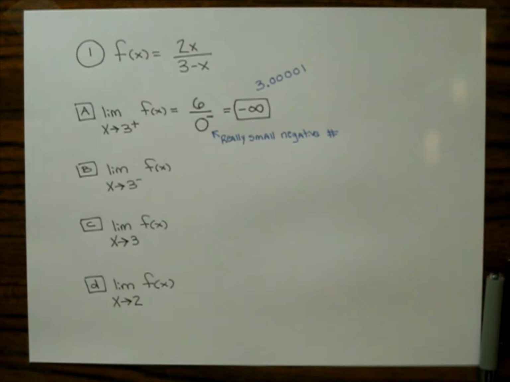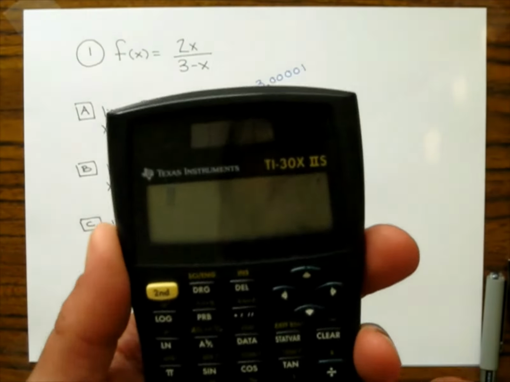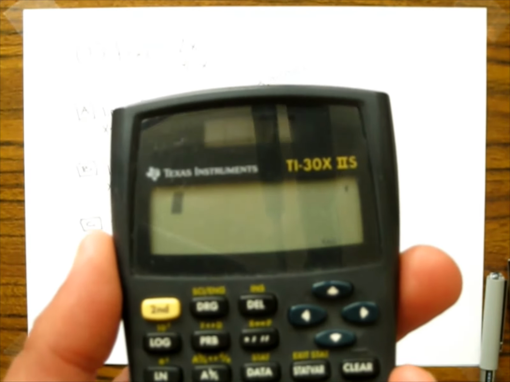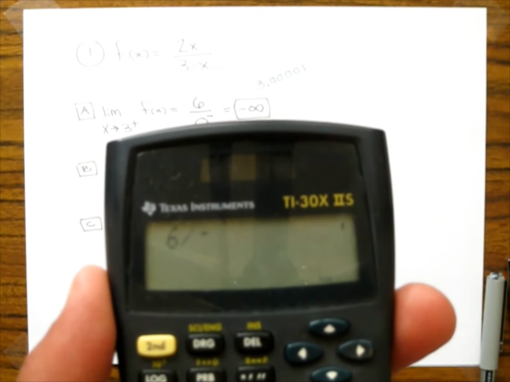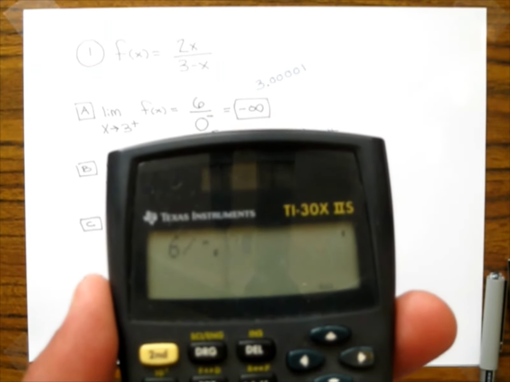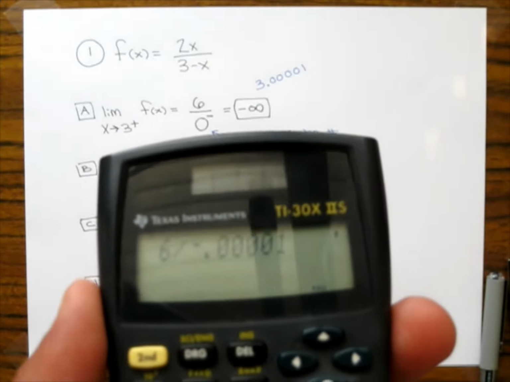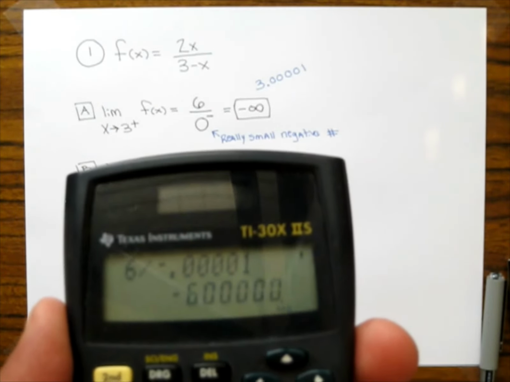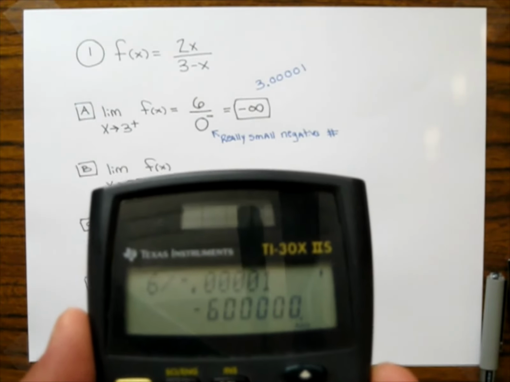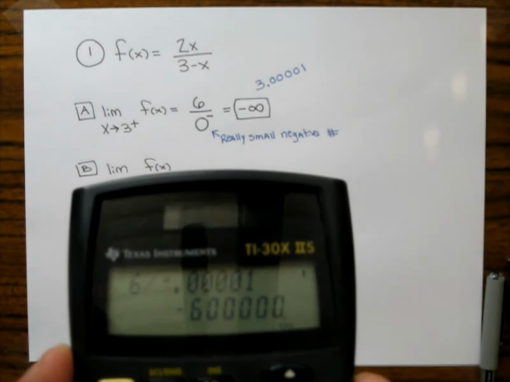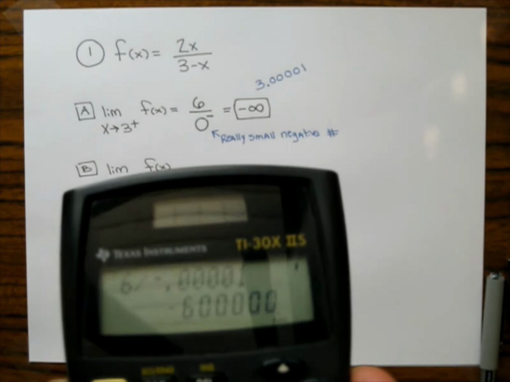So that is the deal. Now, some of you might say, well, Joe, what do we do with this? Let's go ahead, I'm going to do what I did last time: 6 divided by negative 0.00001. What does that give me? It gives me a really, really big negative number. When I say big negative number, it has a big magnitude, so that's like negative 600,000.